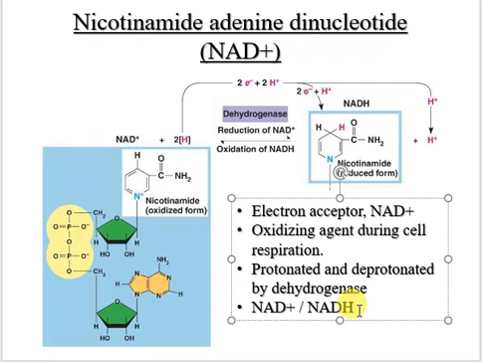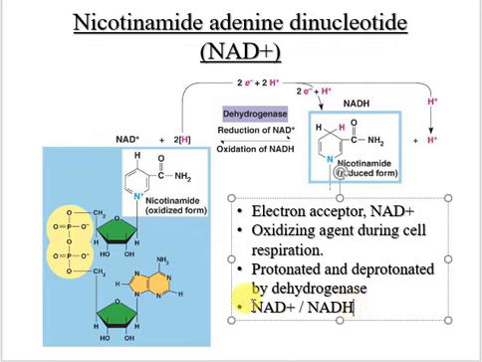We'll talk about how oxidation and reduction work in a little bit. But essentially one form is losing electrons or a proton, while the other form is gaining those. So they are essentially the same compound, just different forms. Again, one is oxidized, the other is reduced.